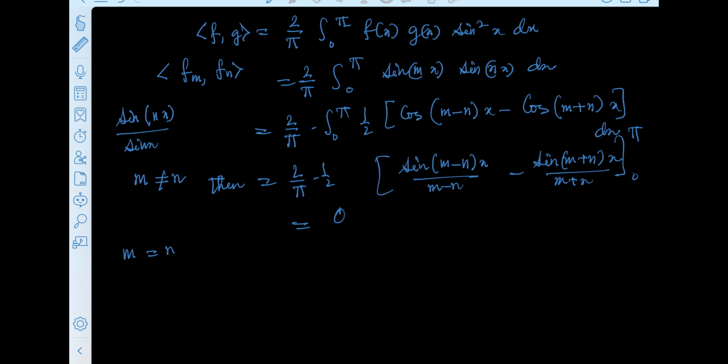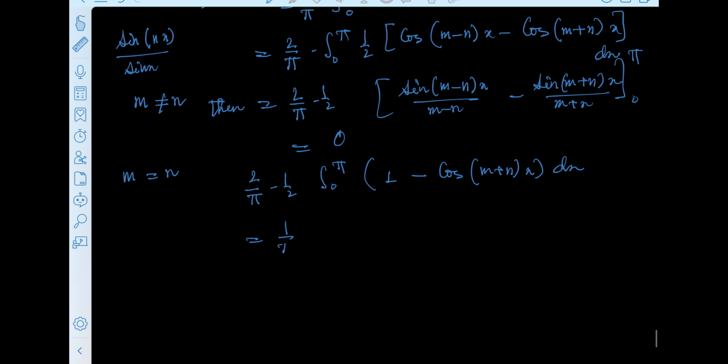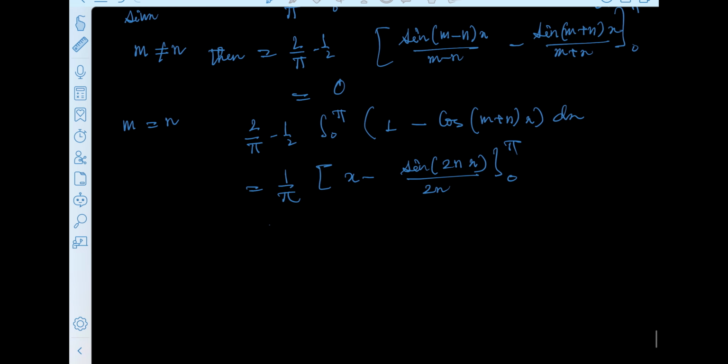When m equal to n, then we will have half integral 0 to pi of 1 minus cos (m plus n)x dx, which is 1 by pi times x minus sine 2nx by 2n, as m equal to n, from 0 to pi. So evaluating this will give 1.